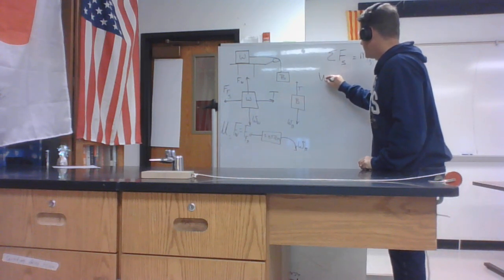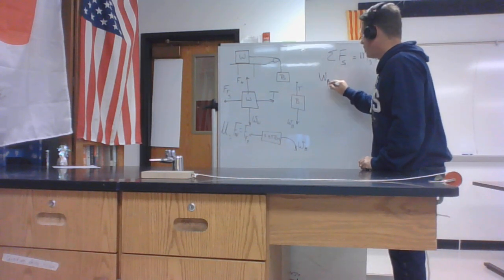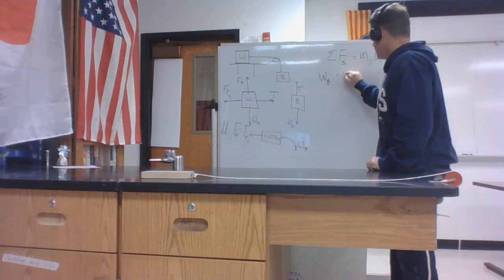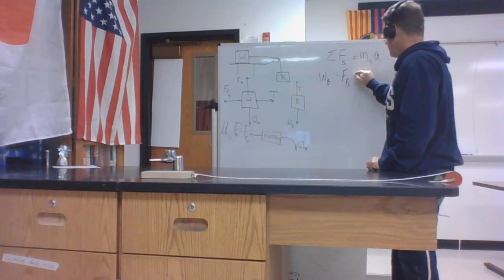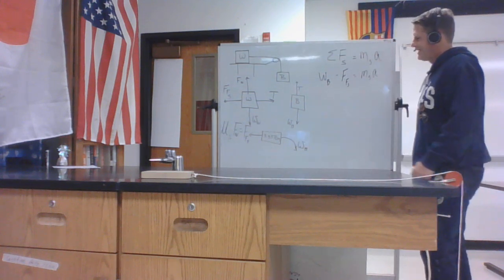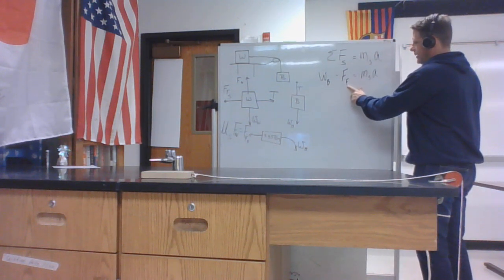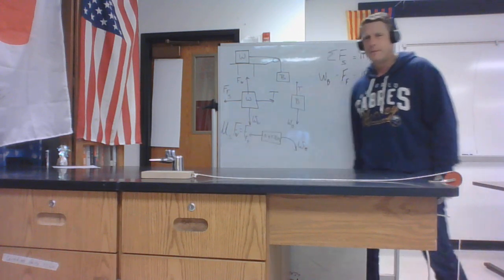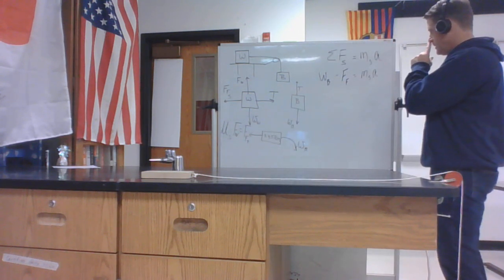The weight of the black weights minus the force of static friction must equal the mass of the system times acceleration. In reality here, once this thing starts to slide, it's really not static friction anymore. It is kinetic friction.